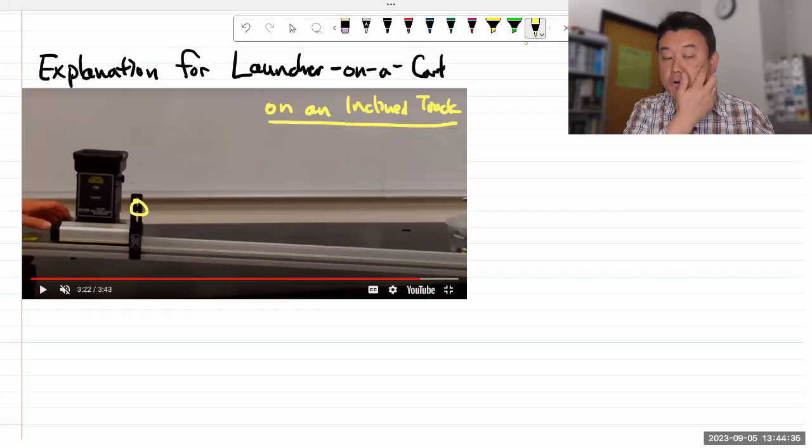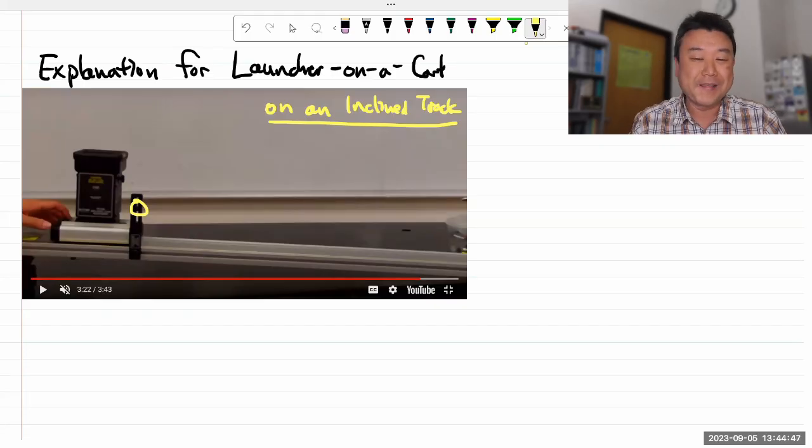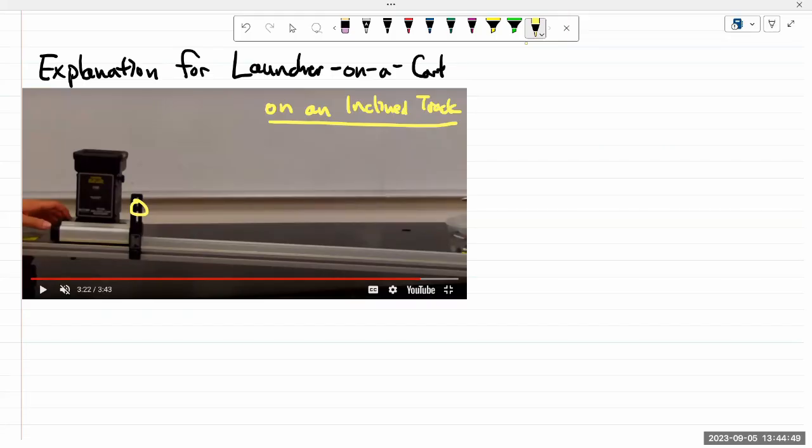People have seen the demo and that makes sense. Good. And when it's on an inclined plane, it's not often obvious to people that basically the exact same thing should happen. So here's one way that, in search for a simple explanation, you could maybe try to explain it.